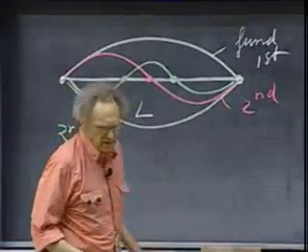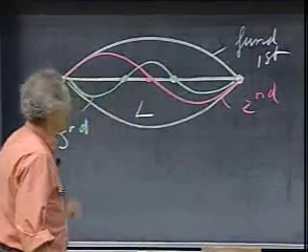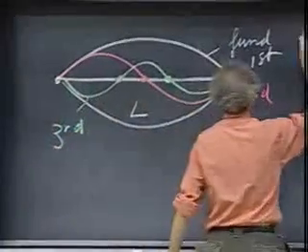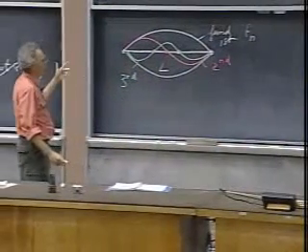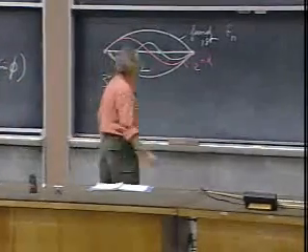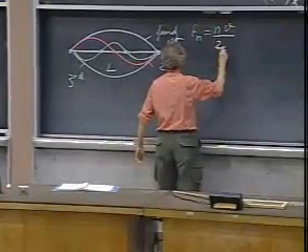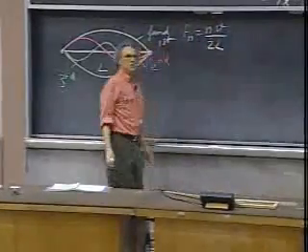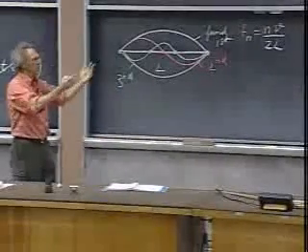And the frequencies that are the resonance frequencies are given by f of n, n being an integer, that means either 1 or 2 or 3 or 4, 1 being the fundamental, 2 being the second harmonic. This frequency is given by n times v divided by 2L, whereby v is the speed of propagation of a disturbance along the direction of the string.